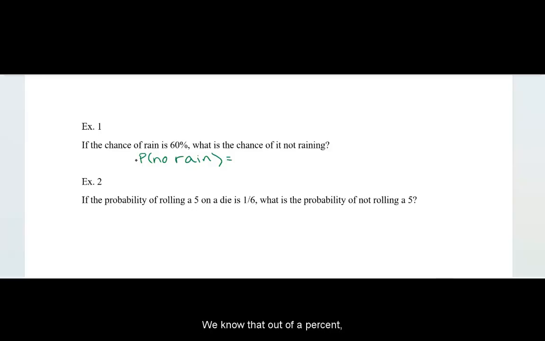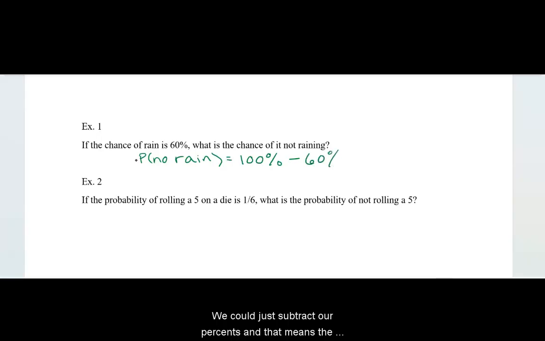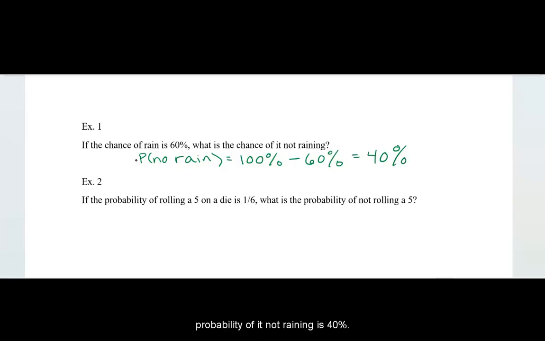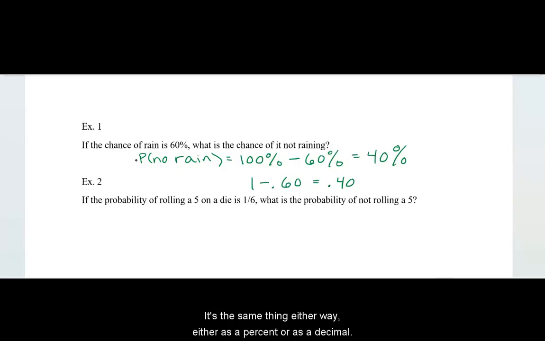Probability as a percent is always out of 100, so we could just subtract our percents, and that means the probability of it not raining is 40%. If you're going to do it as a decimal, you would take 1 minus 0.6, and that would give you 0.4. It's the same thing either way, as a percent or as a decimal. You just found the probability of no rain.